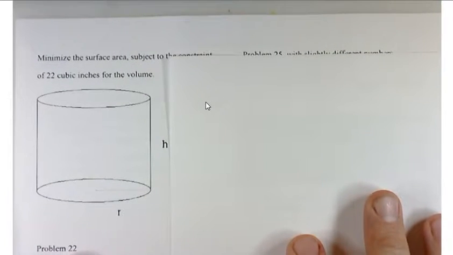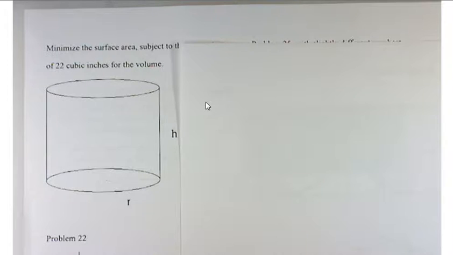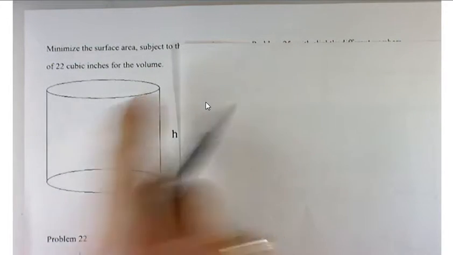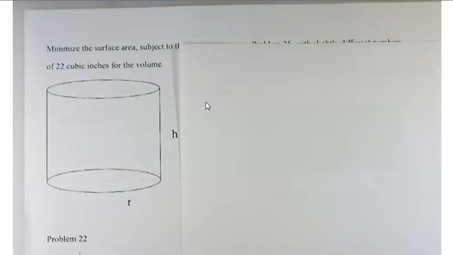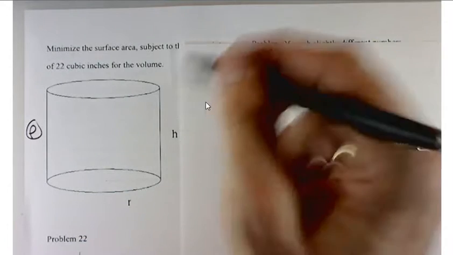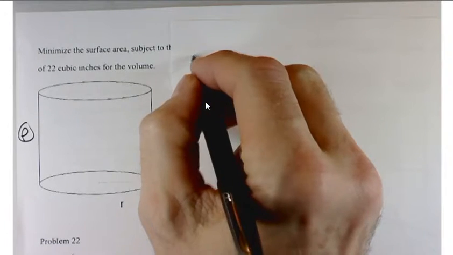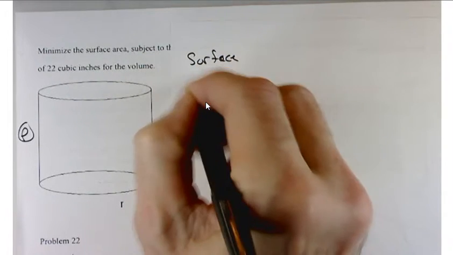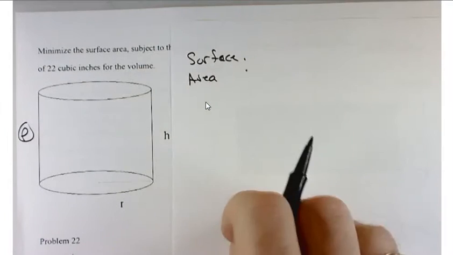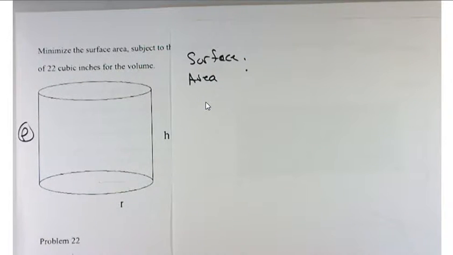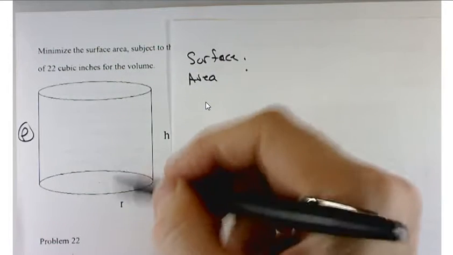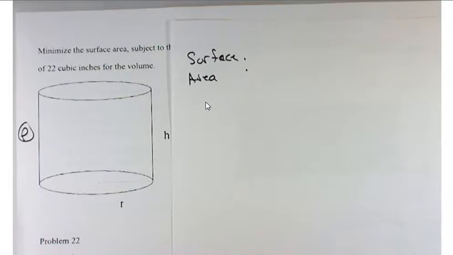Okay. Let's first of all come up with an expression that talks about the surface area of this. So here's our picture. There's not much we can do. We've got a radius and we've got a height. All right. Well, the surface area. There's two main parts to the surface area. What are the things you're going to calculate when you're finding the area of this surface? All right, so the lids here, the area of the base and the top.